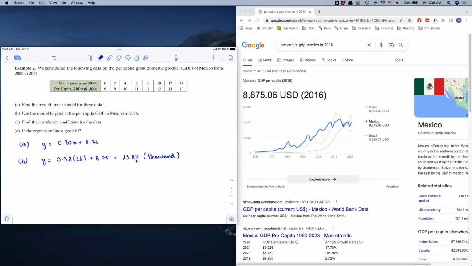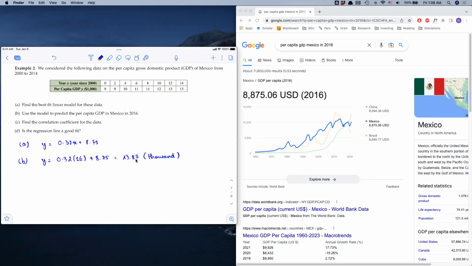It's a little bit off, right? But it is still a model that we can use to make some predictions in the future. In this case, we already have the information, but of course we can use this model to make further predictions for, let's say, 2024 or 2026.